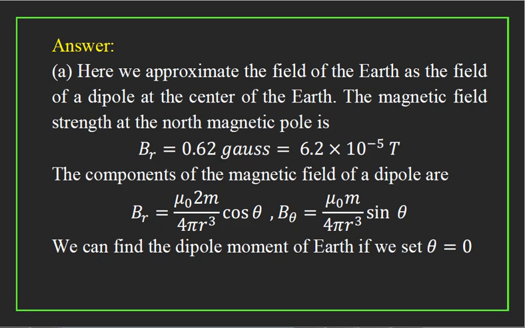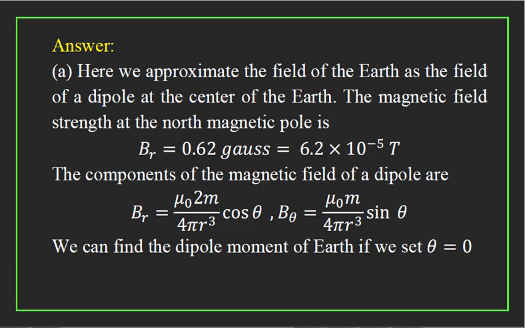The components of the magnetic field of a dipole are: the radial component is mu0 2m by 4 pi r cube into cos theta, and the polar component is mu0 m by 4 pi r cube into sin theta.